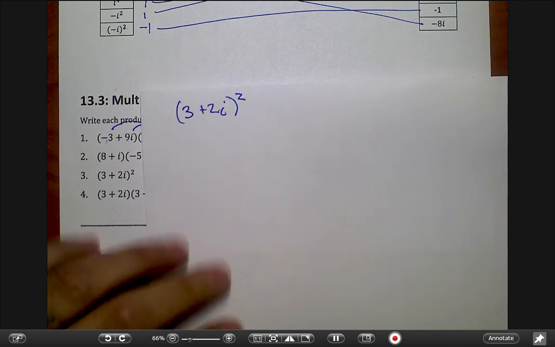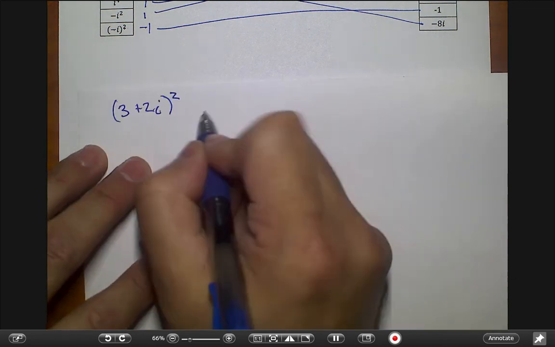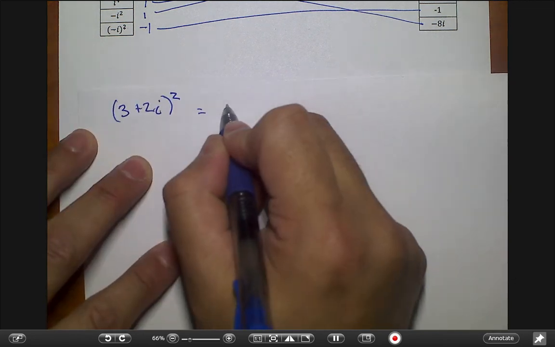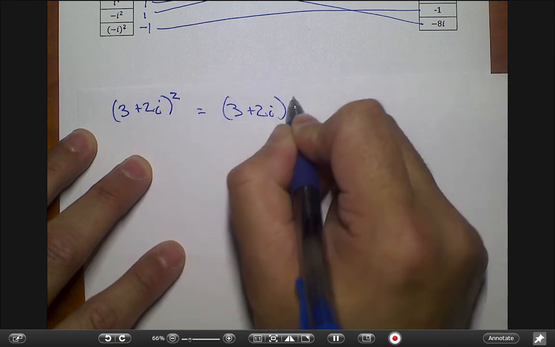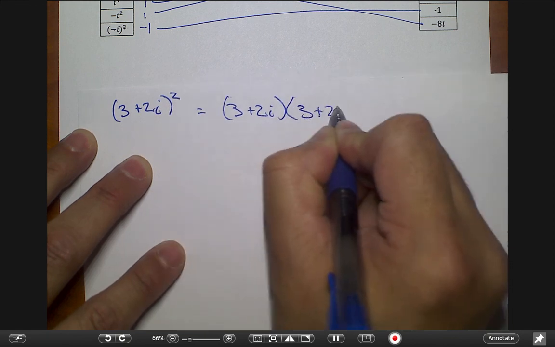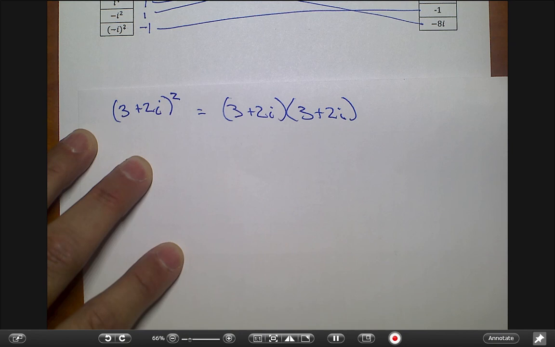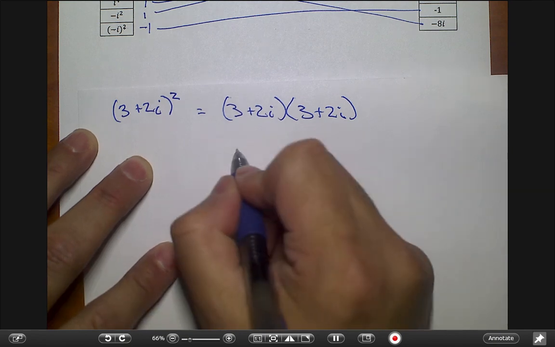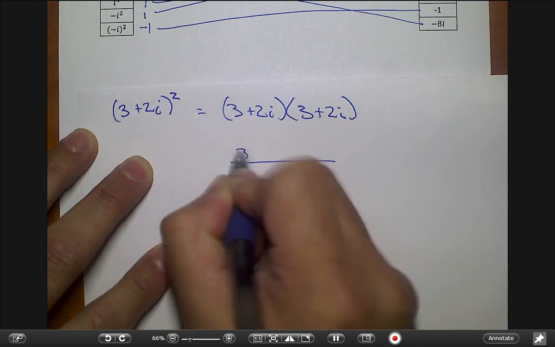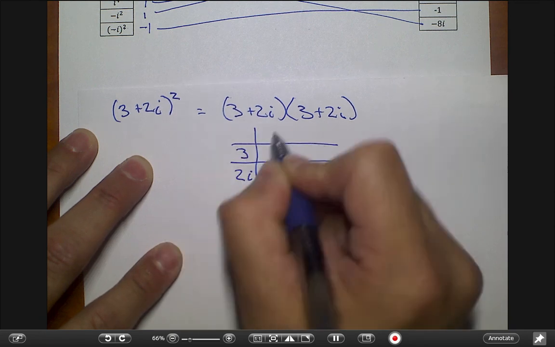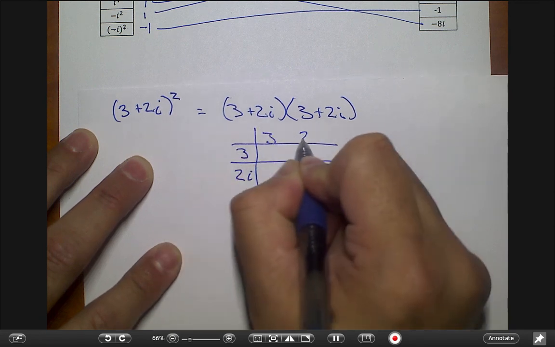squared. So if it's going to be like that, I'm going to rewrite it first. It's 3 plus 2i times 3 plus 2i. Then I'm going to box method again. 3 and 2i. 3 and 2i.